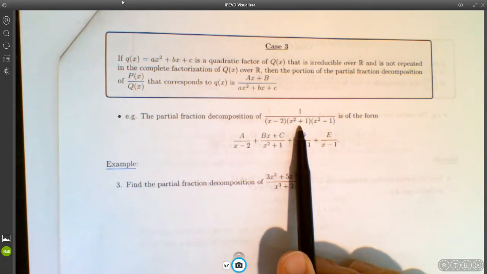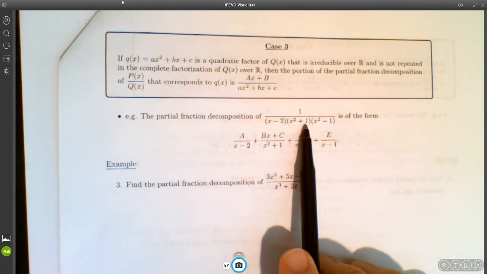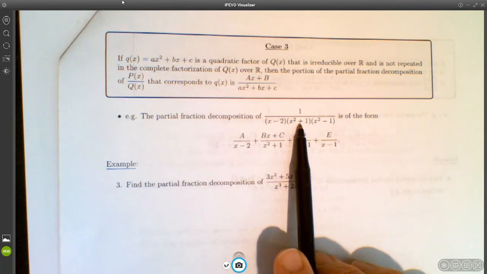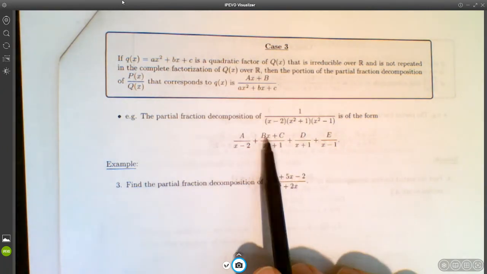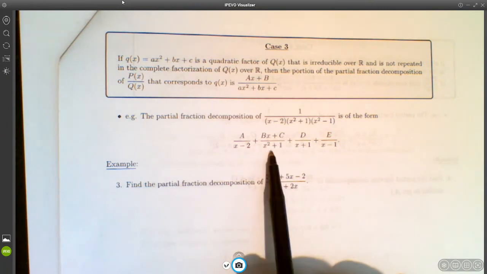Over the complex numbers, you could factor it as (x plus i) times (x minus i). But over the reals, this is as factored as it's going to get. And since it's a quadratic, the numerator of the partial fraction for x squared plus 1 needs to be linear. So it needs to be Bx plus C over x squared plus 1.